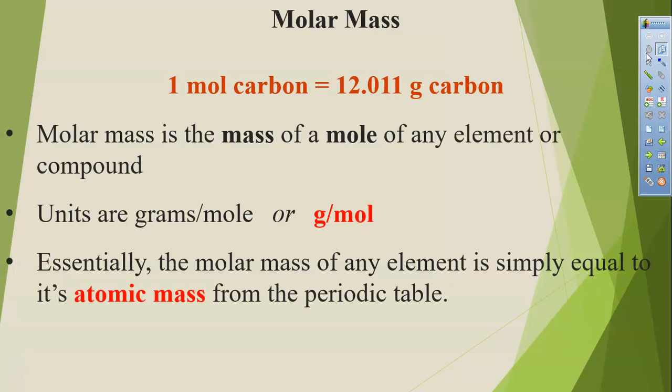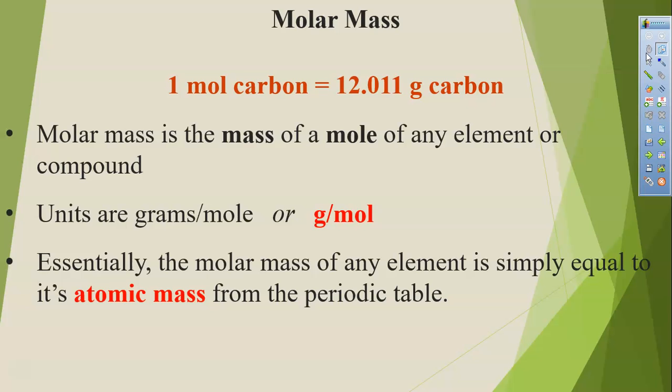All right, so molar mass. Let me remind you what molar mass is, and it's a pretty easy thing to use. 1 mole of carbon, for instance: if you look on your periodic table, the mass in the box for carbon is 12.011. So 1 mole of carbon atoms, 6.02 times 10 to the 23rd atoms, equals 12.011 grams of carbon.